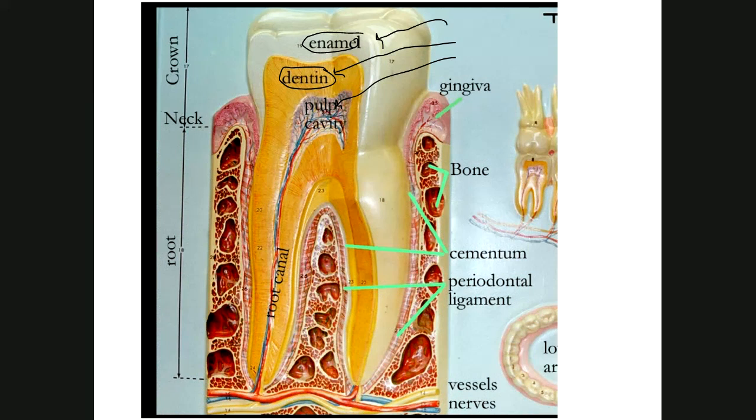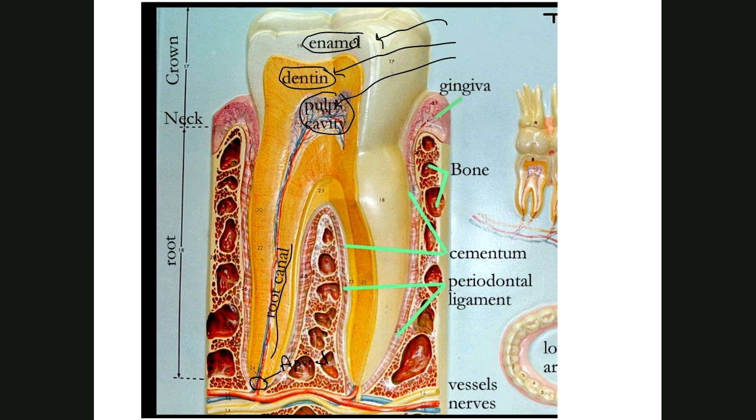It's got blood vessels and nerves in it. It's called the pulp cavity. Well, those blood vessels and nerves have to get in there some way, and so they travel through the root. And they have a canal where they travel through. So they have a root canal. Right here at the very beginning where they enter the root is called the apical foramen.